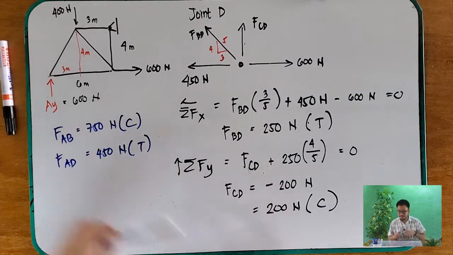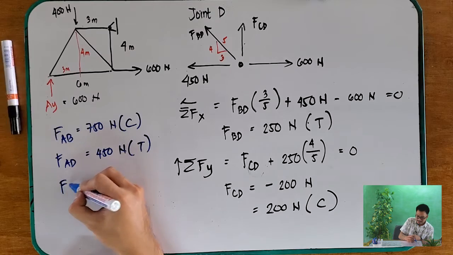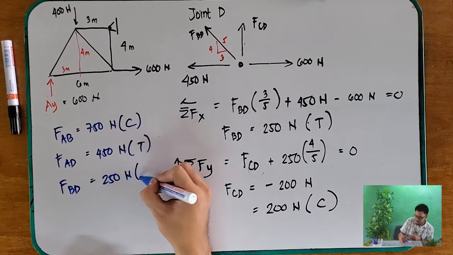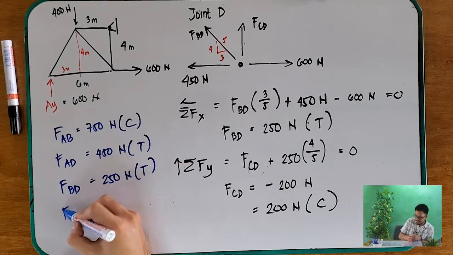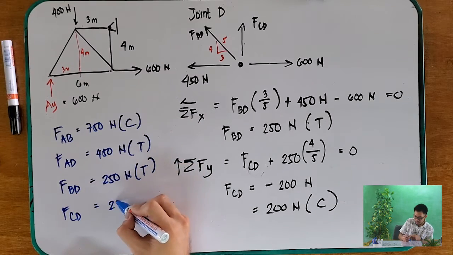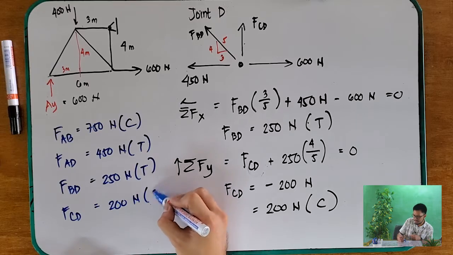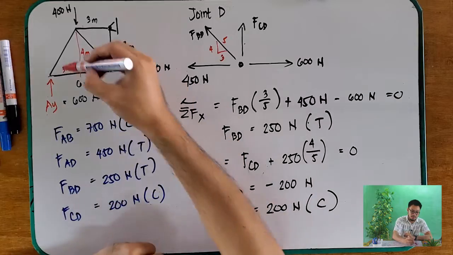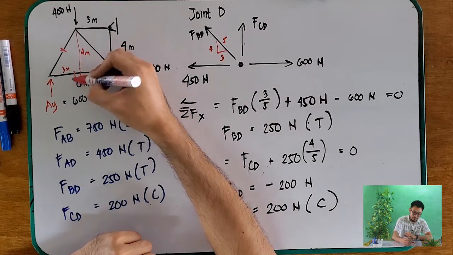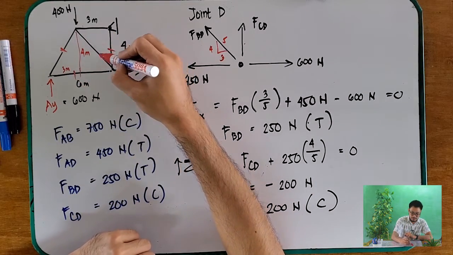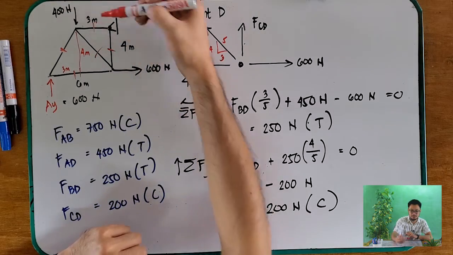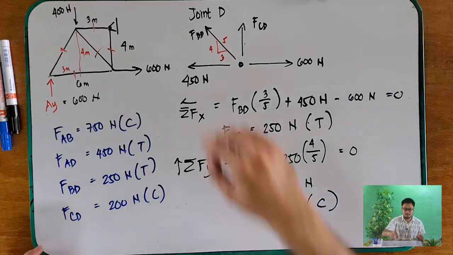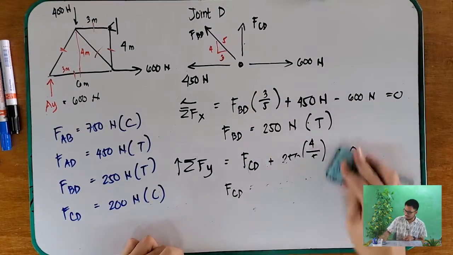So to update here, FBD is equal to 250 newtons tension, and then your FCD is equal to 200 newtons compression. So we already have solved for 1, 2, 3, 4. And kanina lang atong kuwang. So let's go to joint B for our last unknown force.